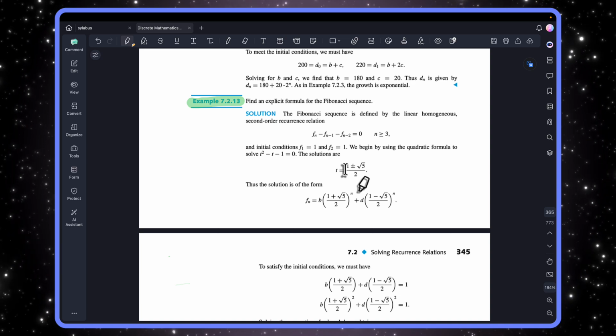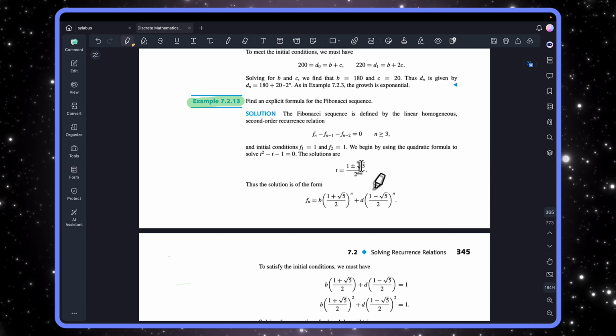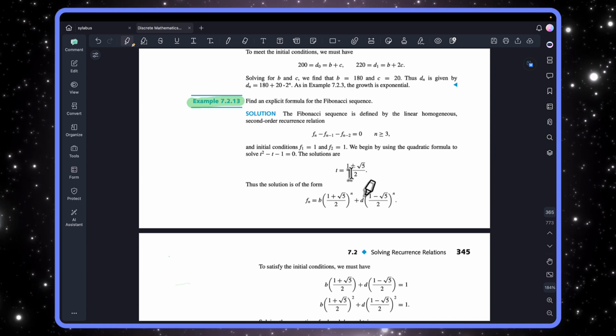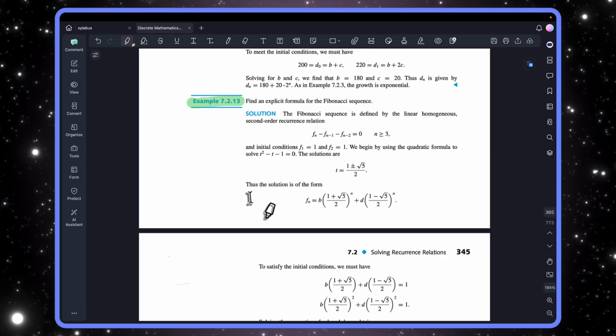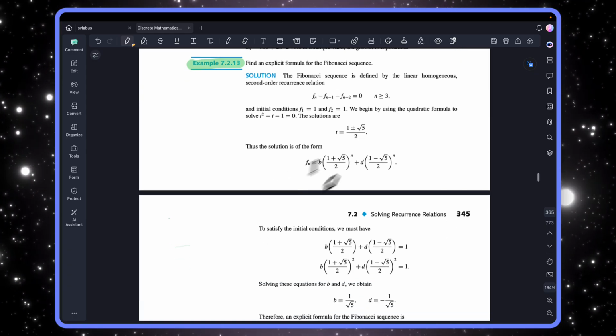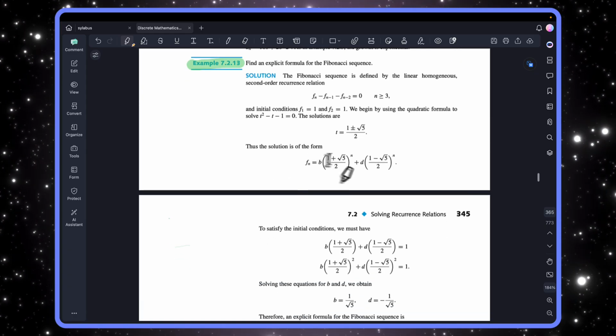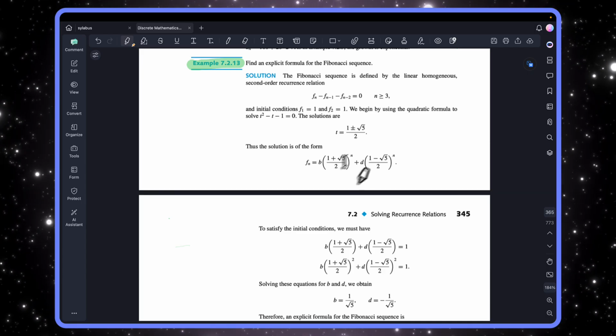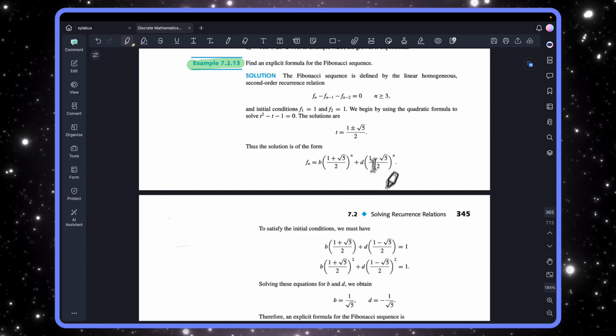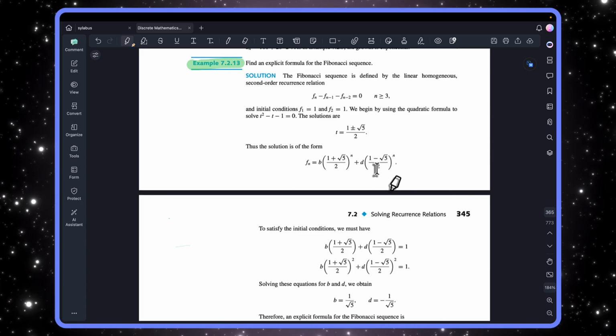T is 1 plus or minus the square root of 5 over 2. So thus, according to our theorem, the solution is of the form some number b times (1 plus the square root of 5) over 2 to the n, plus d times (1 minus the square root of 5) over 2 to the n.